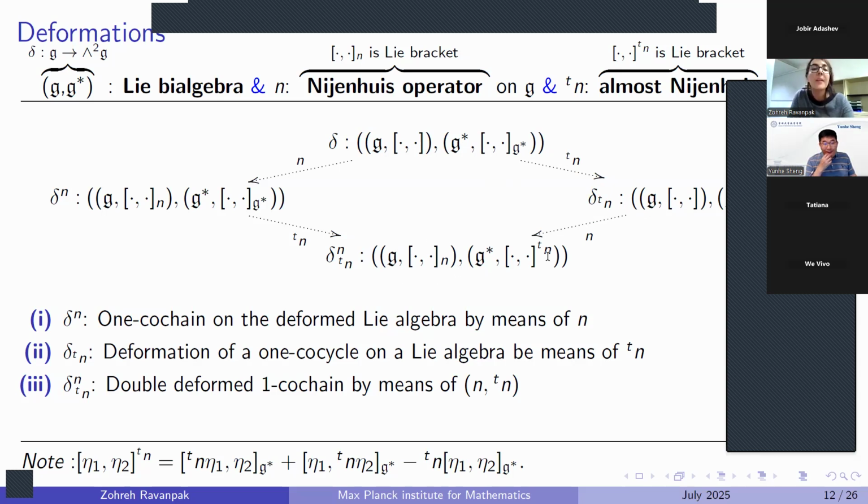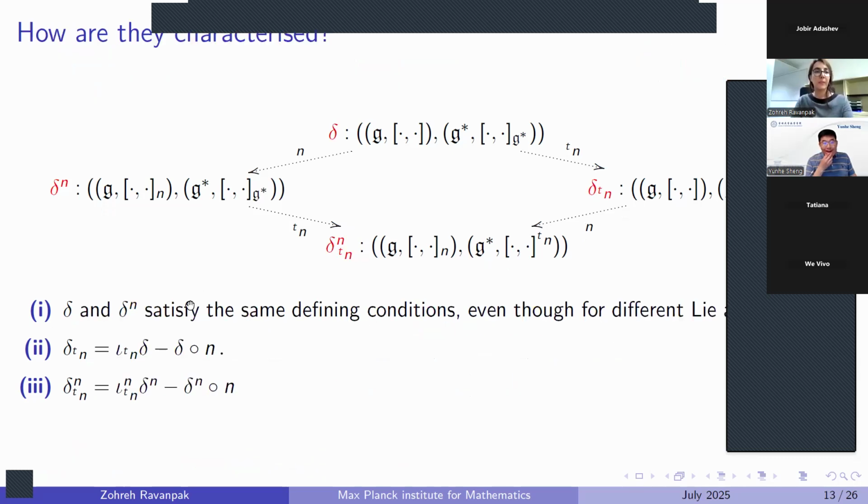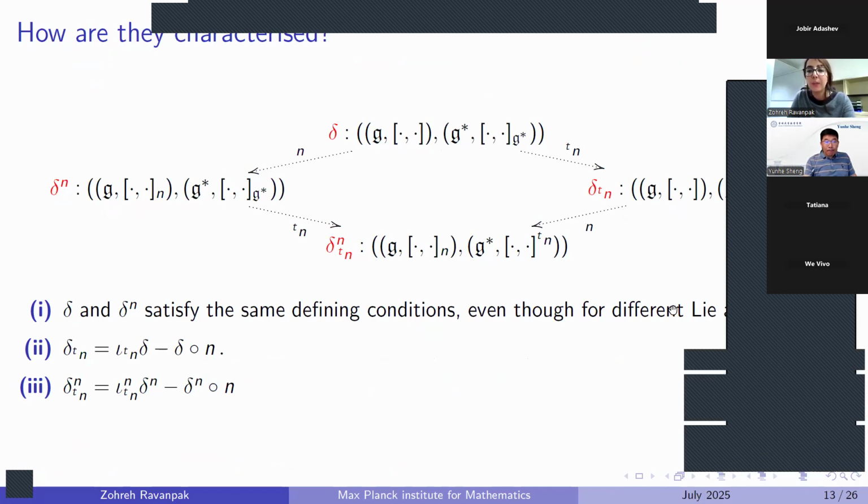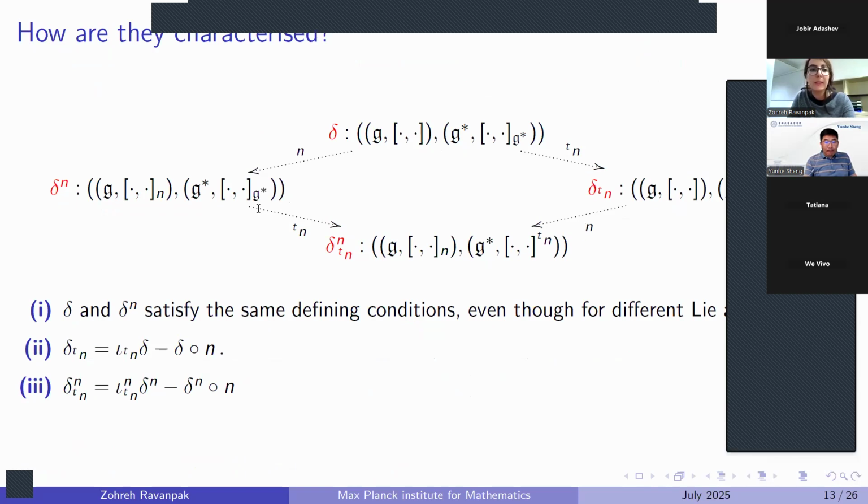So how are they characterized? Here, for the left-hand side, you see that delta is just defined by the dual map to the cocycle.